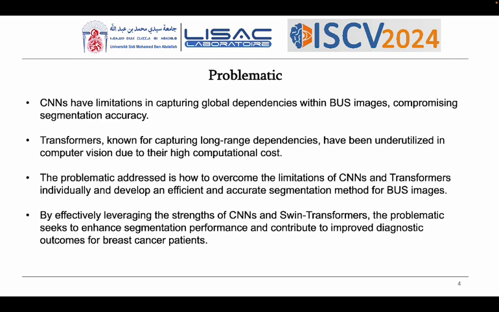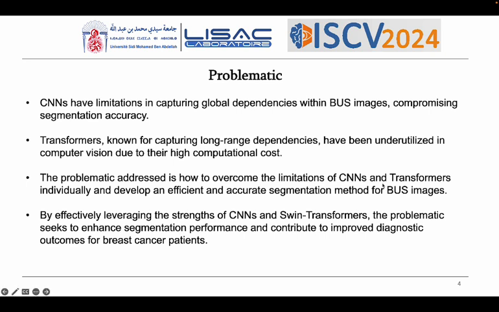By doing this, we don't extract the dependencies between all the regions of the image because of this limited receptive field. This limitation in capturing global dependencies within BUS images compromises segmentation accuracy.